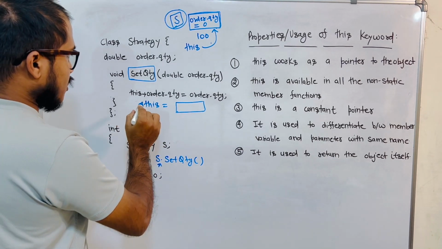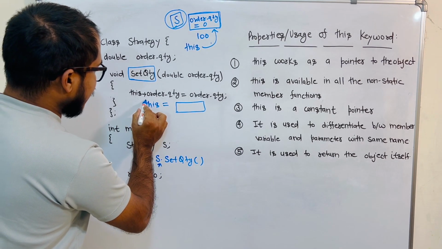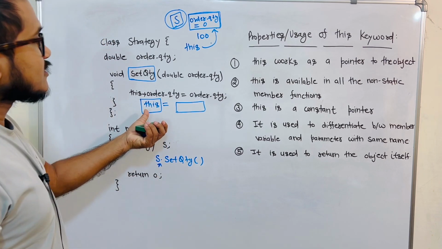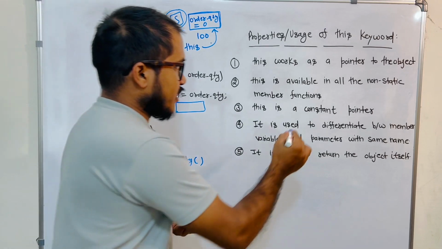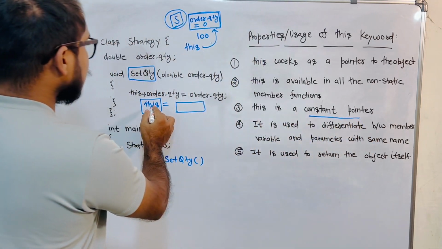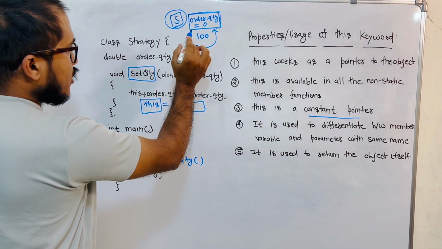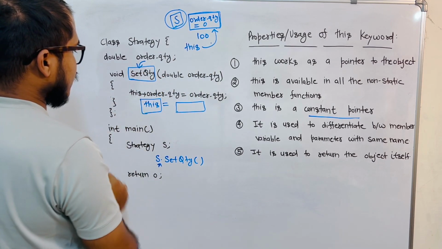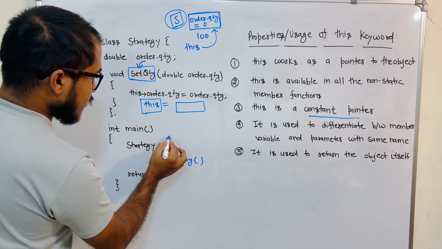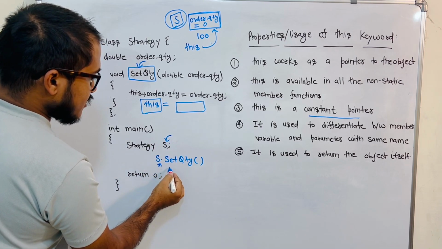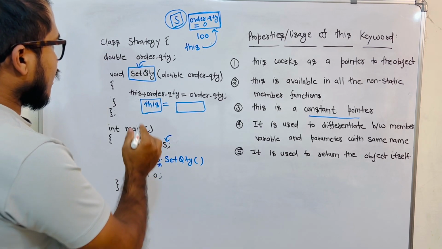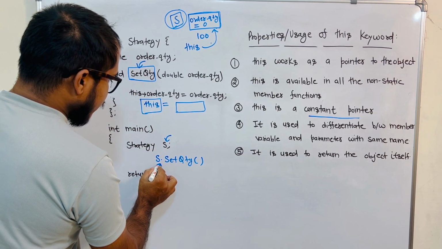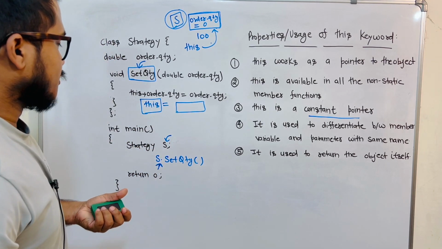So this is not allowed. So I cannot assign some other object's address to this. So basically this is a constant pointer. It cannot point to some other object. It will only point to the object which is calling this particular set quantity function. So in this case, S is calling this set quantity function, and this can only point to this particular object.